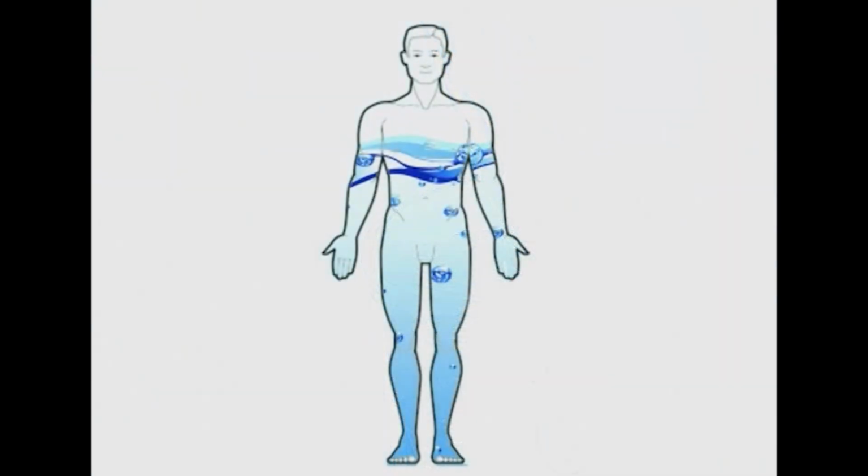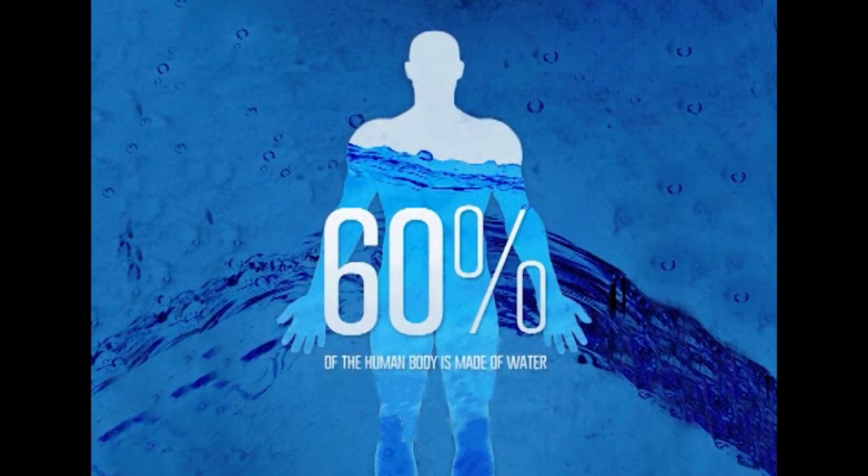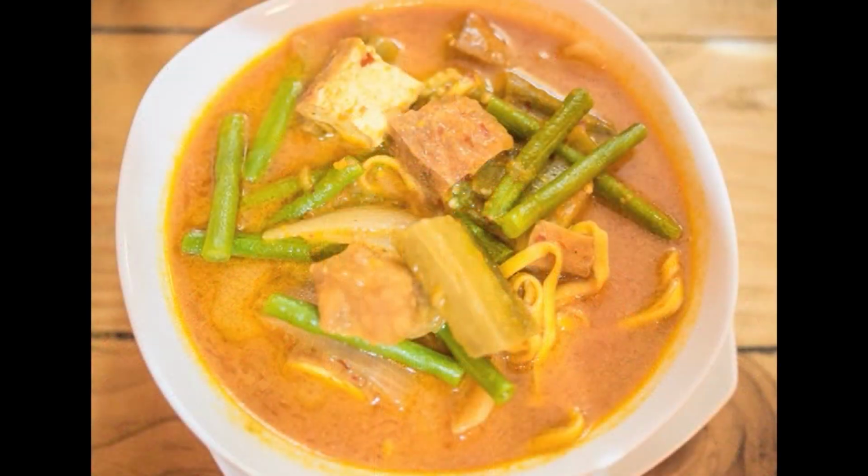Water plays an essential part in our body structure, and it accounts for 60% of the total body weight. Water is essential for the normal utilization of food material in our body, and also for the elimination of food waste from the body.